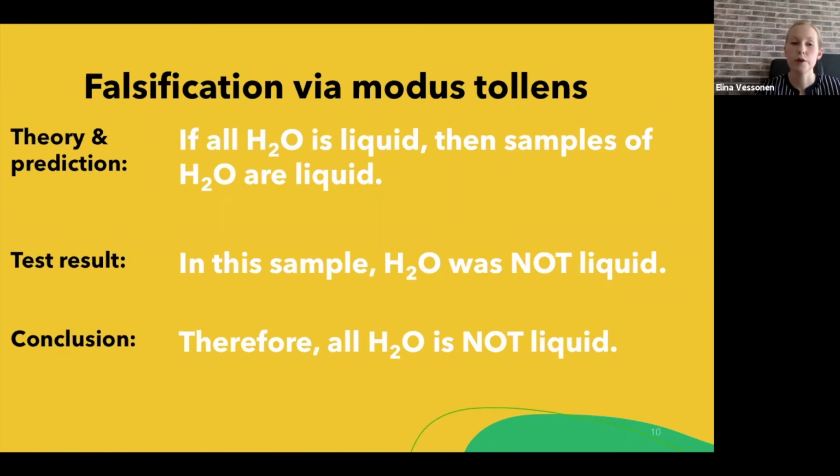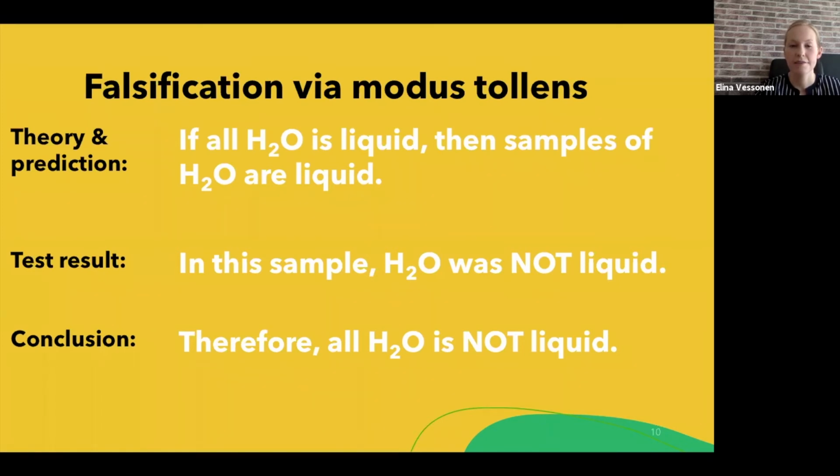So then we run some studies, and it turns out that, well, not all H2O was liquid in our study. So for example, let's say that we have specified the conditions of the study so that some of the samples were ice, and that's why not all samples were liquid.